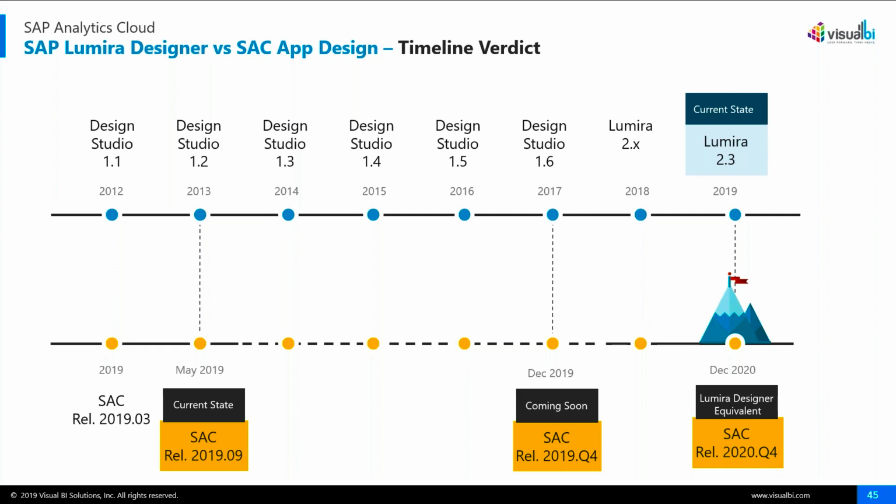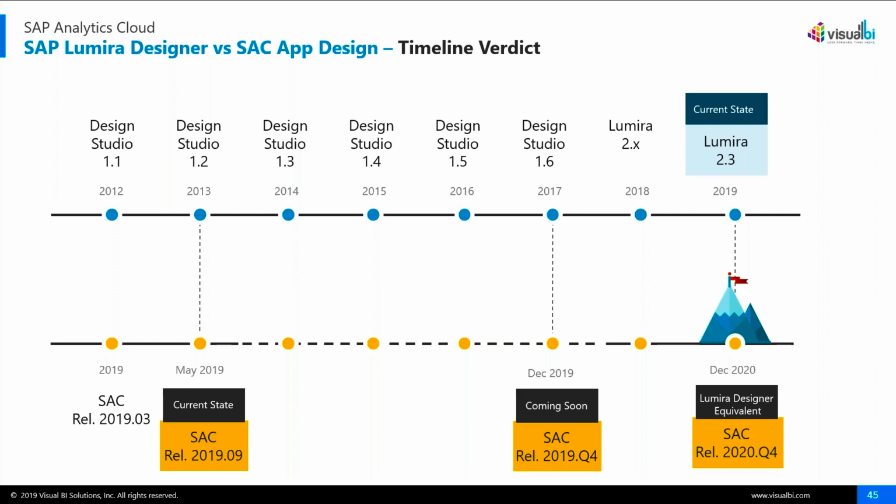For those who are not aware, Lumira Designer was previously known as Design Studio, and version 1.2 is kind of equivalent to what we have in SAC, in the kind of scripting capabilities and the kind of APIs that are available. So let me move forward with the roadmap that we have in hand that has been provided by SAP.